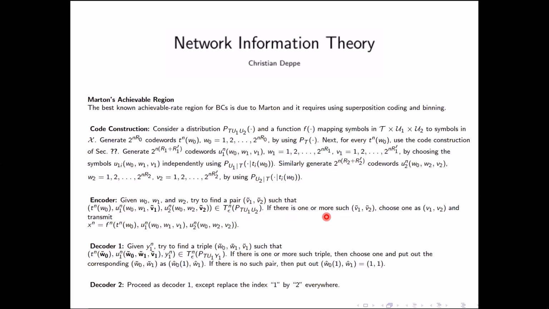And if there is one, then we choose some V1 tilde and V2 tilde as V1 and V2 and transmit X^n, using the function of T^n(W0), U1^n and U2^n, and transmit it over the channel. That's exactly like we did before.